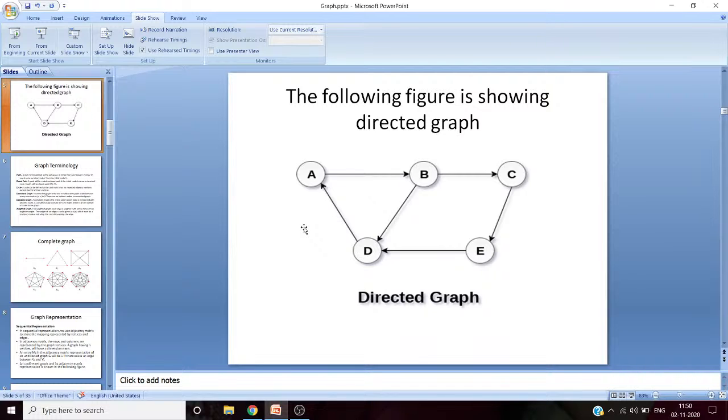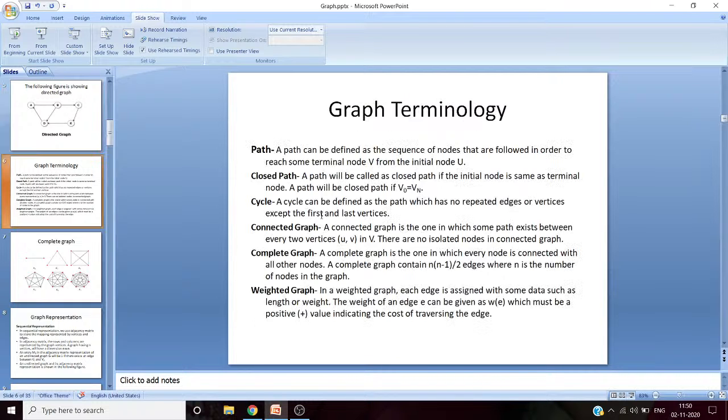So, what is the difference between a cycle and a closed path? In a cycle, we can have a repeating vertex, not edges. In a closed path, we can have repeating edges as well as repeating vertices. Okay. Finally, this is the graph terminology.